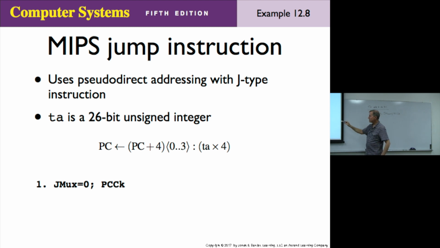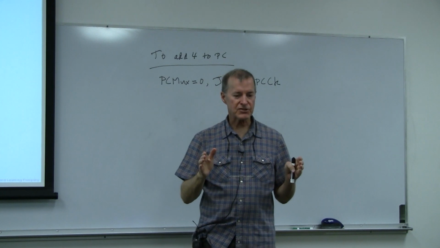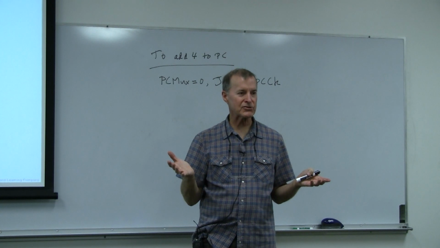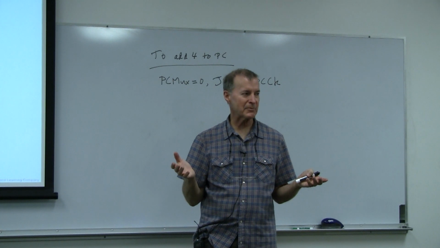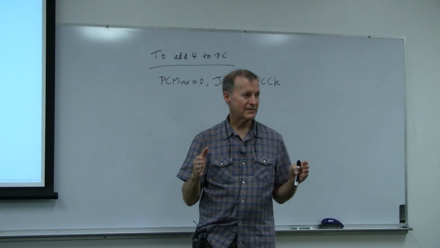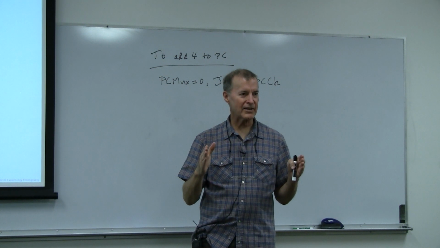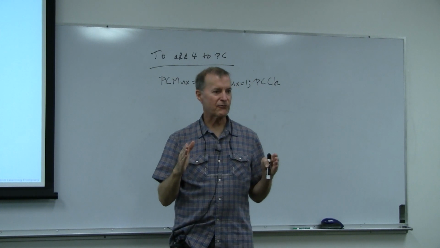So what does this notation tell us? It says, first of all, in the jump instruction, there is a 26-bit unsigned integer. Because instructions are all 4 bytes wide, how do you think all programs have to be aligned in a MIPS program? Remember how we talked about alignment? All instructions are aligned at addresses that are divisible by 4.